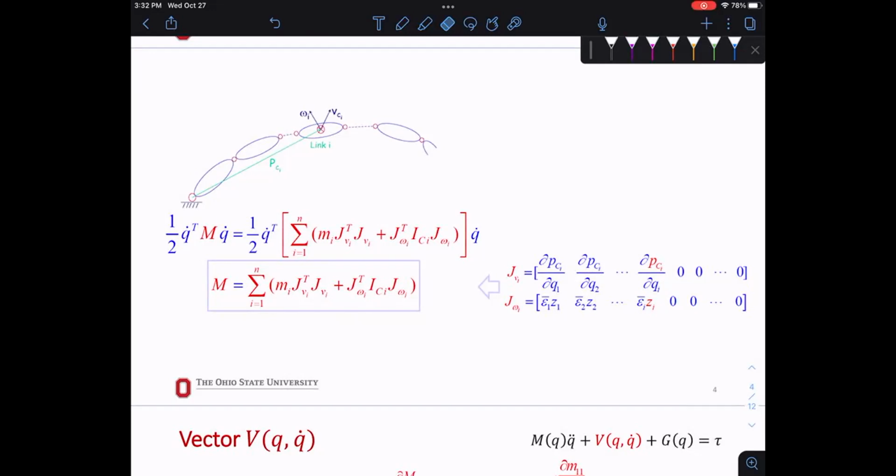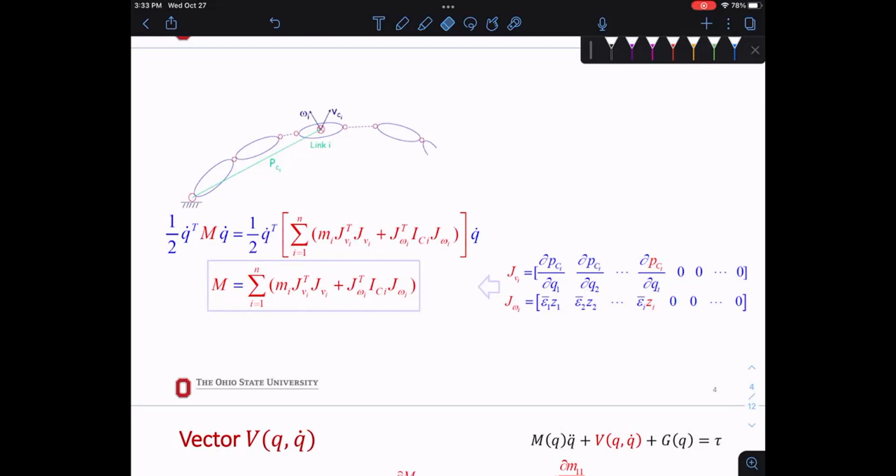If you compare to the other method, you have to actually find all of the kinematics and potential energy, and get all the derivation to get here. Here, all you need is the linear and angular Jacobian. Now, every time you're iterating from i to N, when i is 1, you're only looking at the first link.